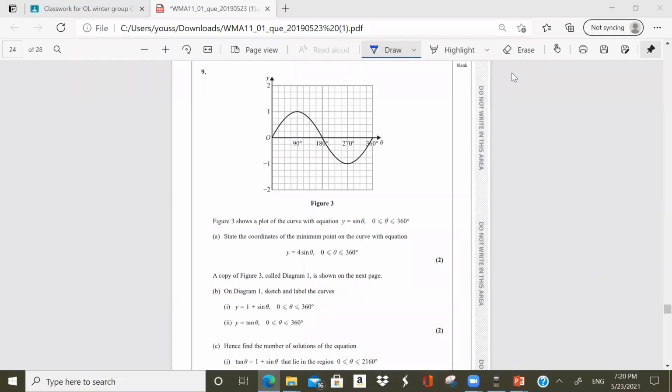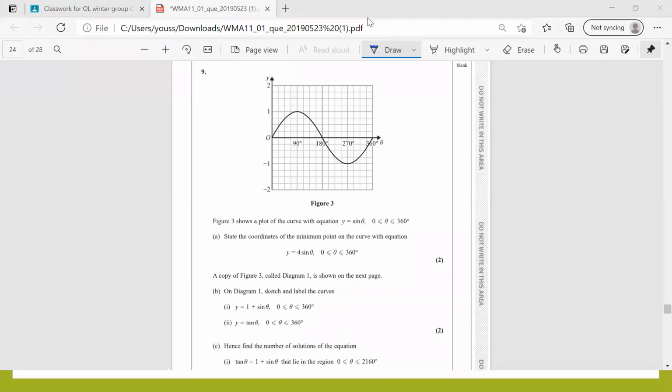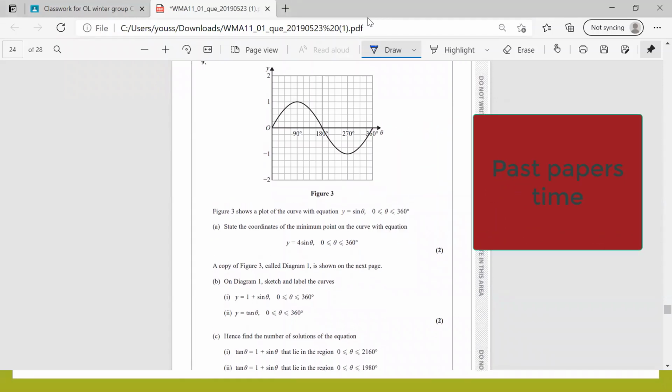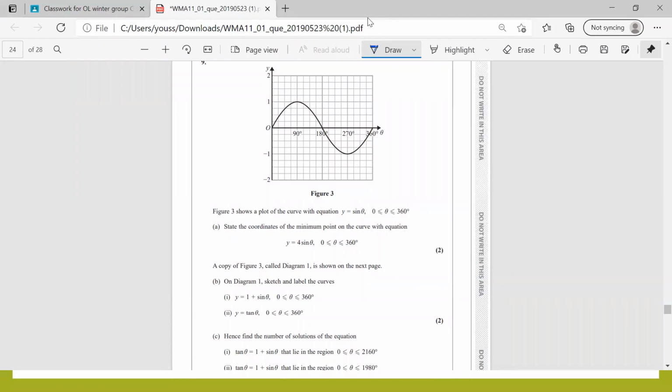As you see here, we have a question from the past paper on transformations. We said transformations can be implemented even on trigonometric graphs. In the given question, it says y equals sine theta, so we have a trigonometric function between the range 0 to 360. We need to find y equals 4 sine theta.